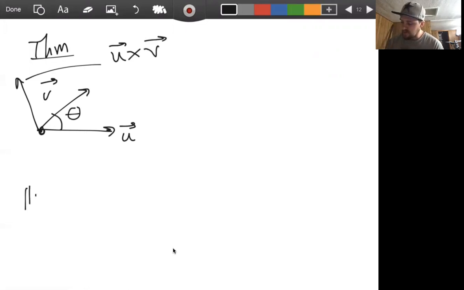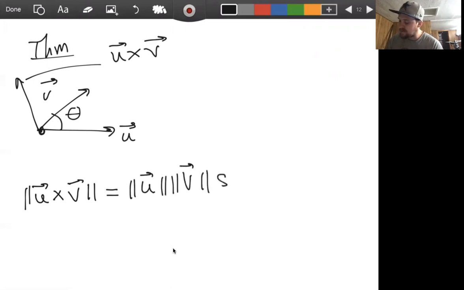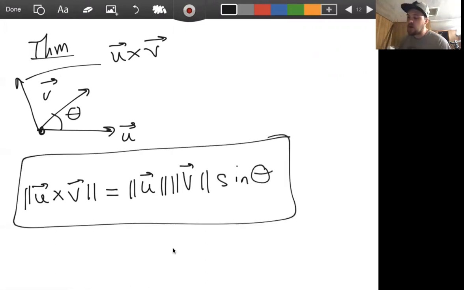The theorem is that the magnitude of u cross v is the magnitude of u times the magnitude of v times sine theta, okay? And so this is one way that we can calculate the magnitude. Of course, u cross v is still some vector, right?